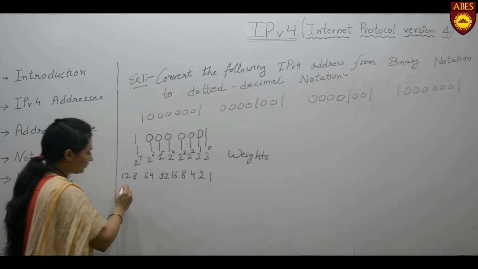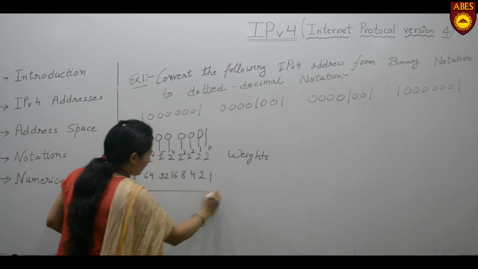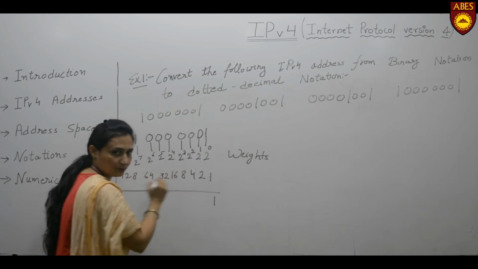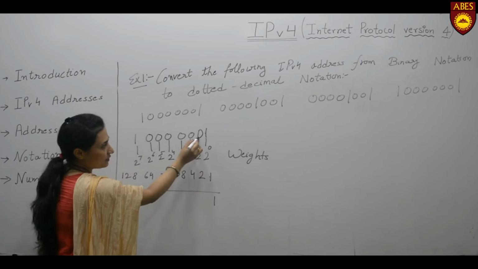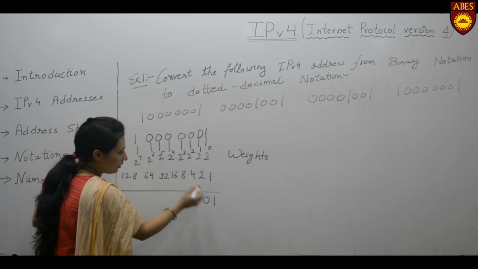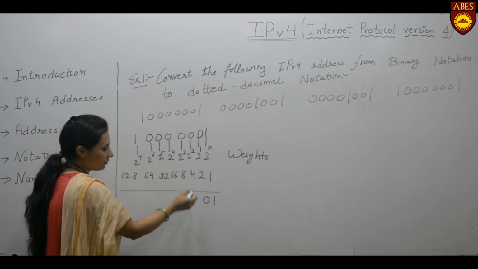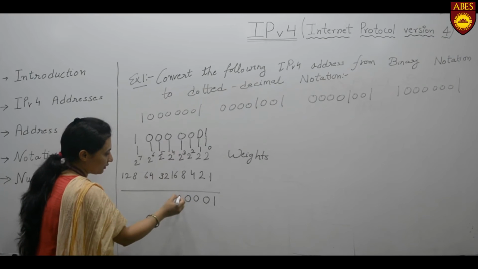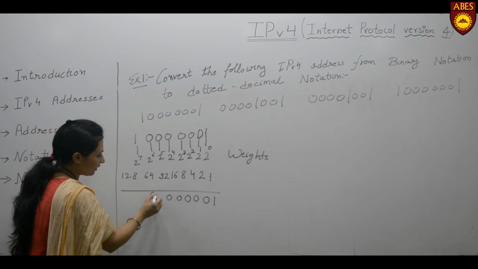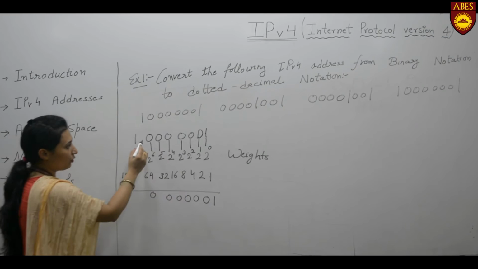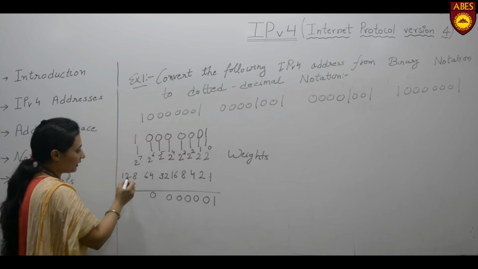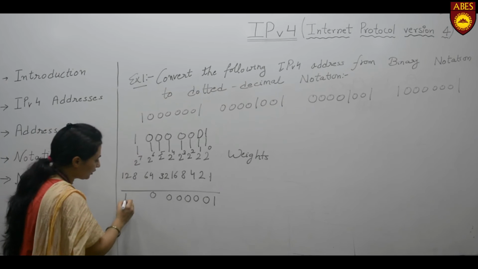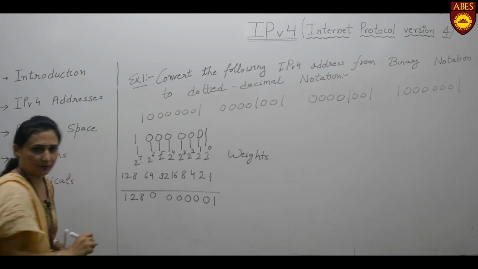Then we will get 1 multiplied by 1, we will get 1, 2 multiplied by 0, we will get 0, 4 multiplied by 0, 0, 8 multiplied by 0, 0, and so on up to here we will get 0, because all the numbers are 0. And in the last digit, it is 128 multiplied by 1, that is 128.